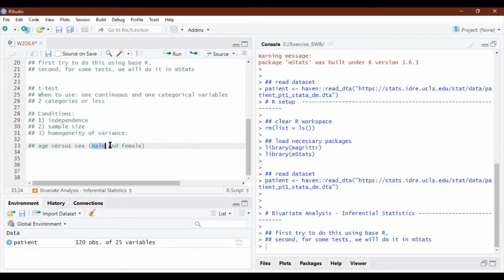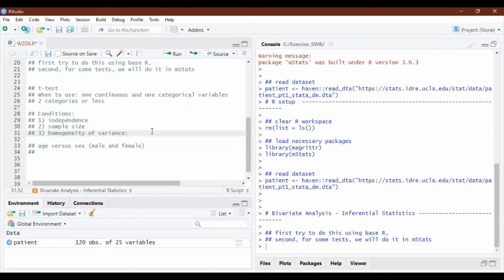The standard deviation or variance in each group is important. Why? If the variances are not equal, then we need to adjust for that. So that is the condition for the homogeneity of variance.